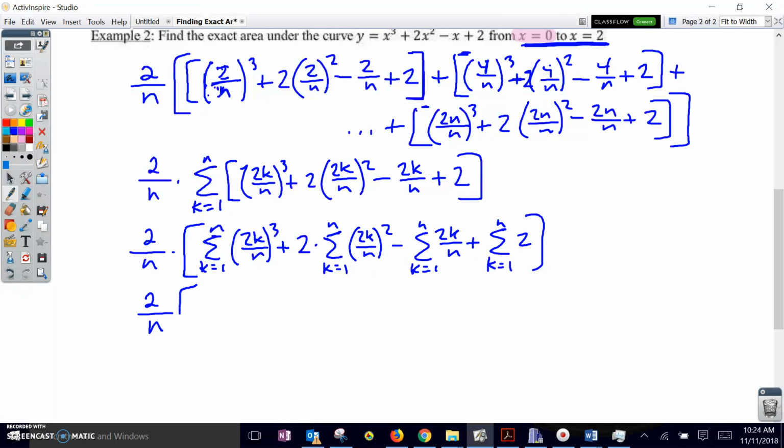And so this is going to be 2 over n times, when I expand the quantity 2k over n to the third power, it's going to give me 8k to the third over n to the third. The 8 over n to the third is constant with regards to that summation. So I bring that out in front.